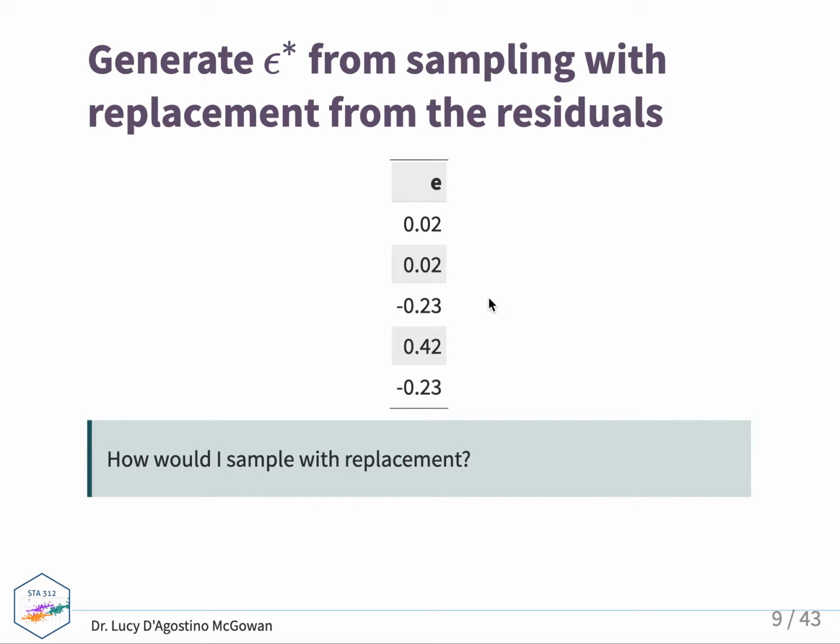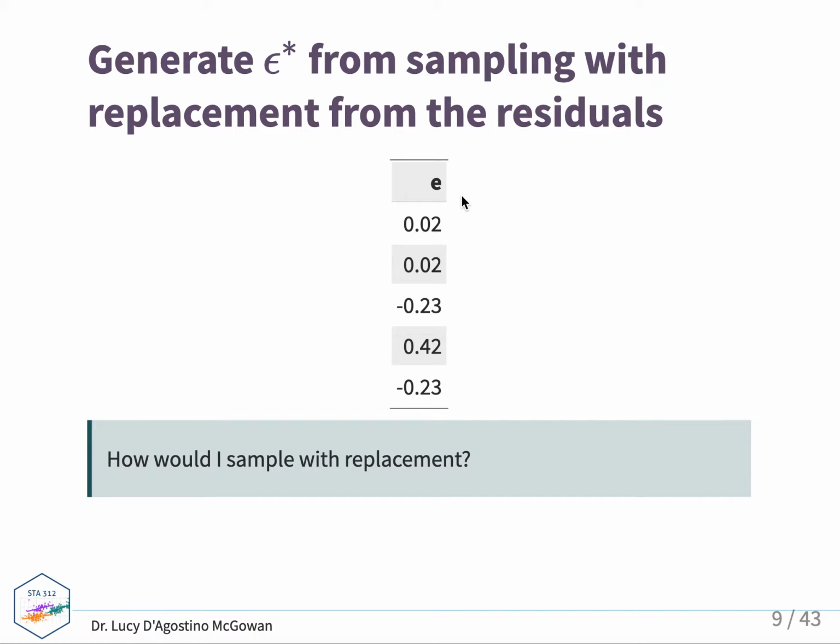Well, sampling with replacement means that I'm going to randomly draw one of these values at a time, and when I draw it, it doesn't remove it from the potential values to draw. It's just as likely that I could draw it again. So when I have 5, each of them has a 1/5 chance of being drawn, and that chance stays the same even if it was already picked.